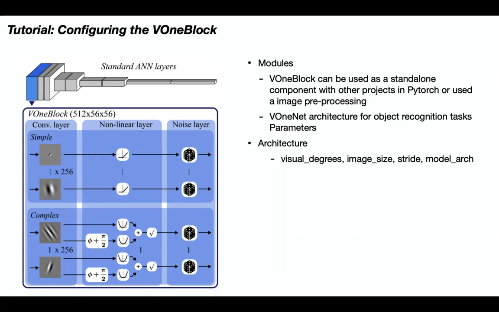However, if we're looking at a much larger scene, the input size can be much larger. For the models that we pre-train, we use a visual degree of 8 degrees, because that's typically the range where we think object recognition phenomena is happening.